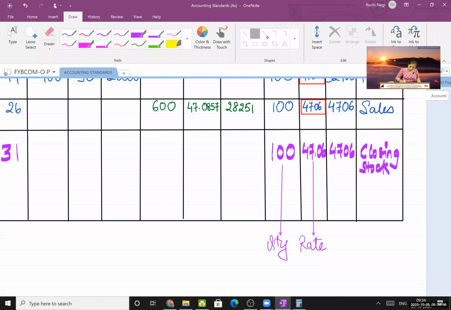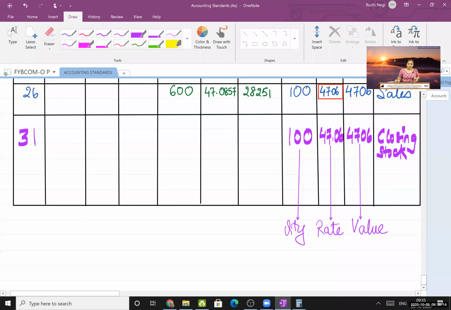And this is the value of my closing stock. Okay. This is the value. Right? Then what next? COGS.